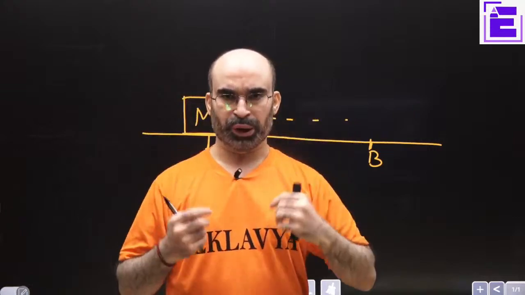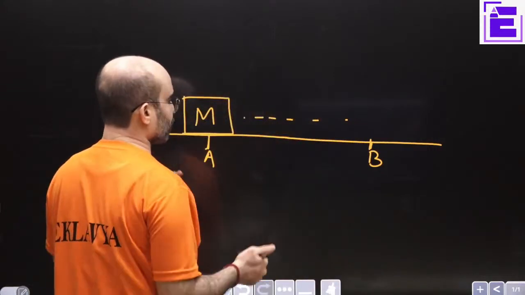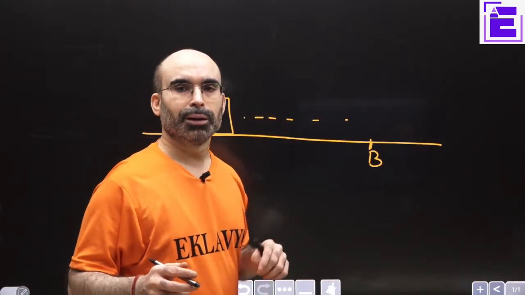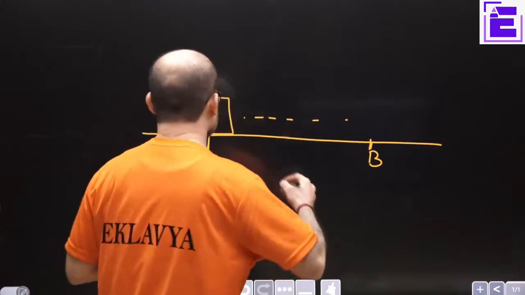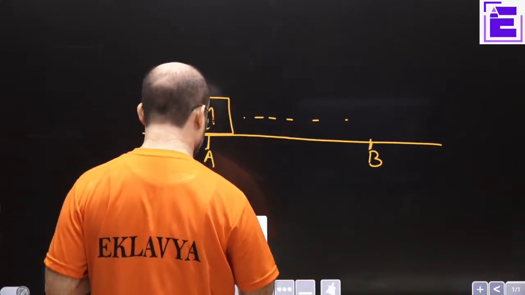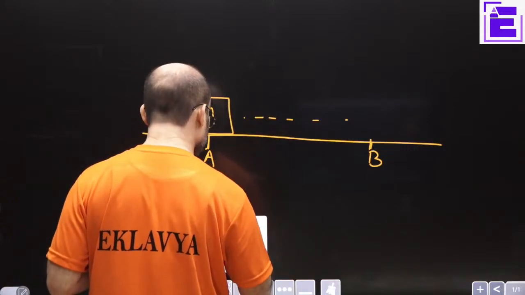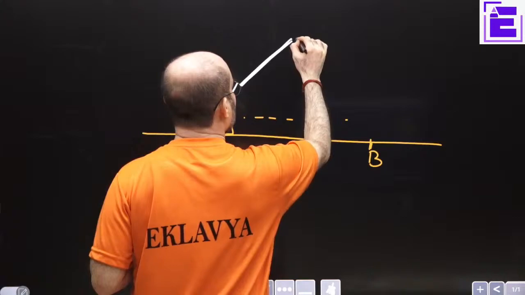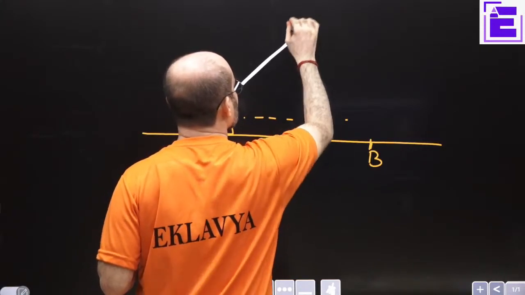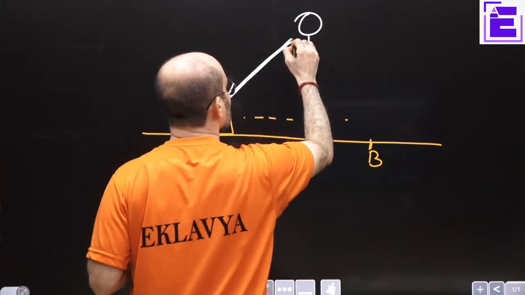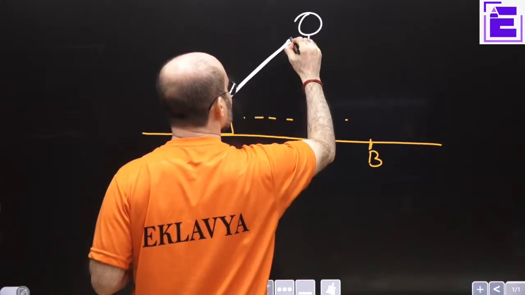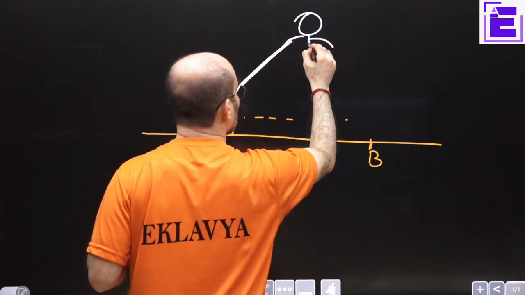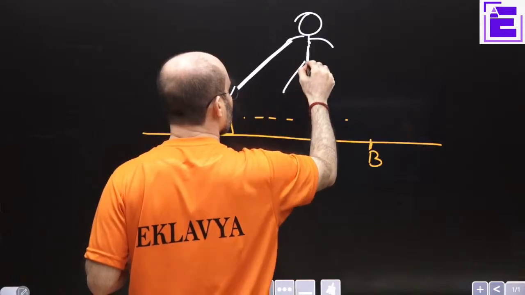But there is another way also. If a person is thinking in a different way, he has this rope.